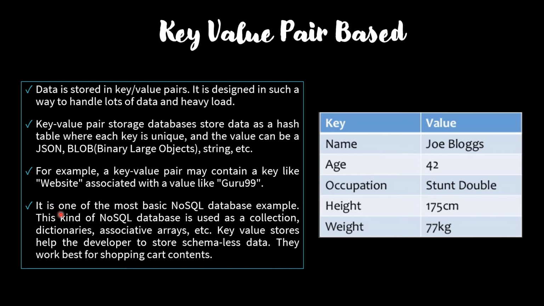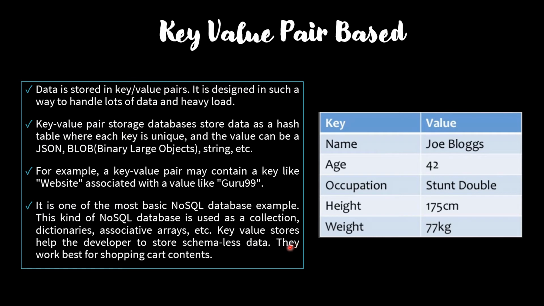It is one of the most basic NoSQL databases, and also the first one. This kind of NoSQL database is used as collections, like dictionaries, associative arrays, and others. Key value stores help the developer to store schemaless data. So it will be schemaless data.